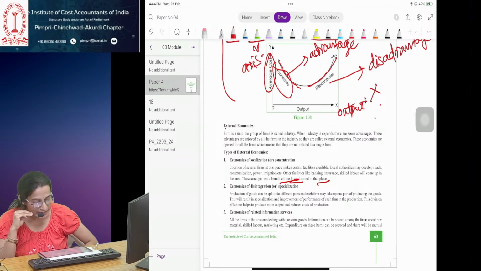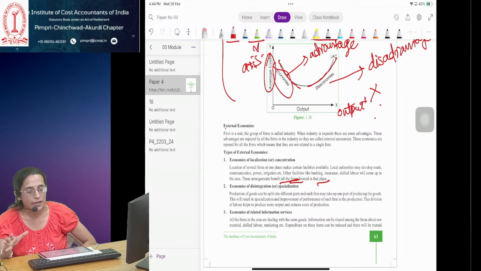Economies of disintegration or specialization. What they are saying is that suppose I am an automobile manufacturer and I am producing the car in various steps.